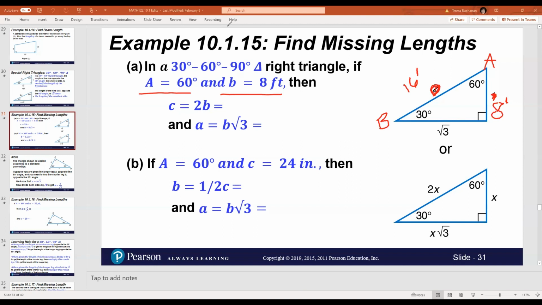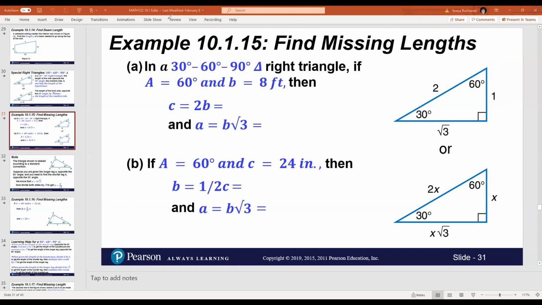And this distance down here would be 8 times square root of 3. Those relationships are always true. They're always true in a 30, 60, 90 triangle.